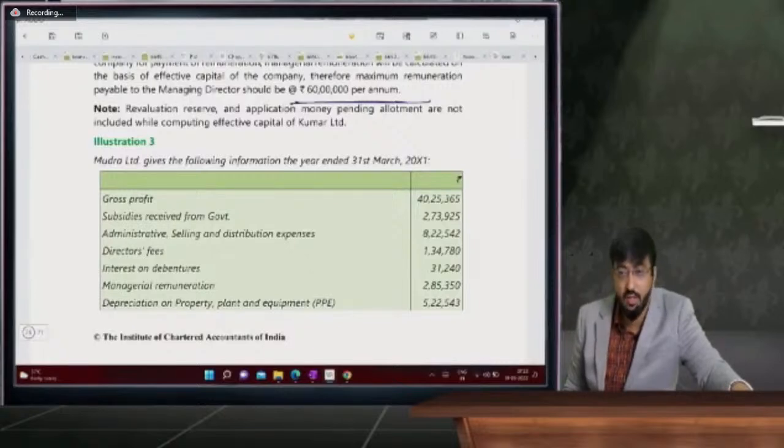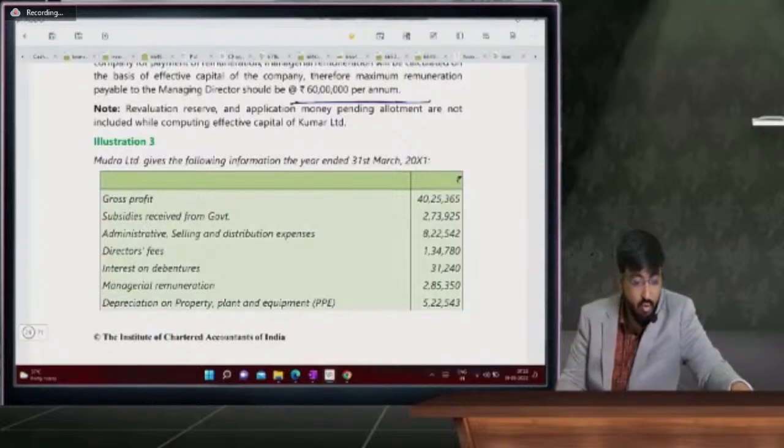Now illustration number 3. Mudra Limited gives the following information for the year ended 31st March 2001. Gross profit. Now it's time for calculation of net profit. So gross profit, we consider subsidy from government, we will add it. Administrative expenses, we will deduct it.